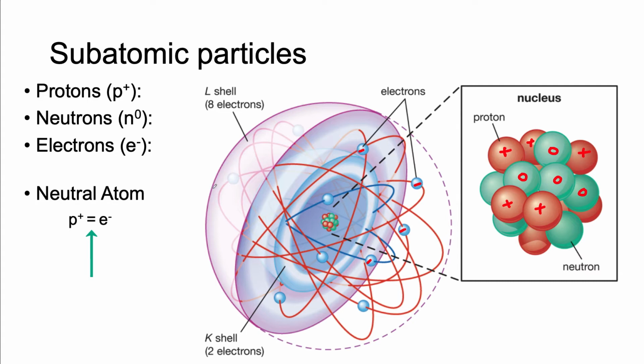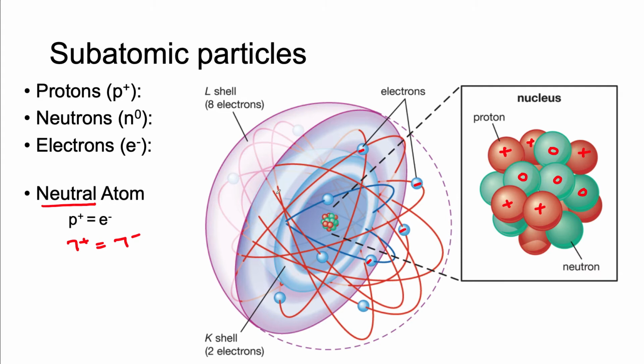So for example, if you have something that has 7 protons, you should end up having 7 electrons because the number of positives has to equal the number of negatives in a neutral atom. So that's what neutral means. It means it's not positively charged, it's not negatively charged. It has no charge.